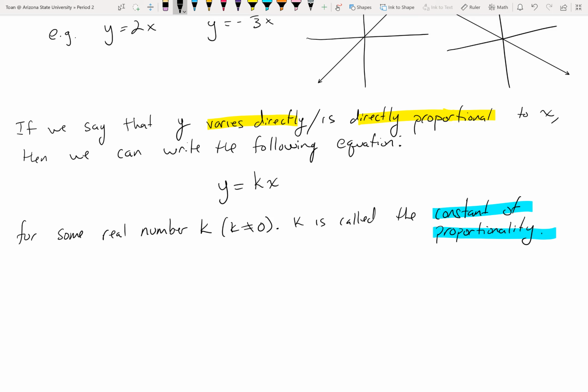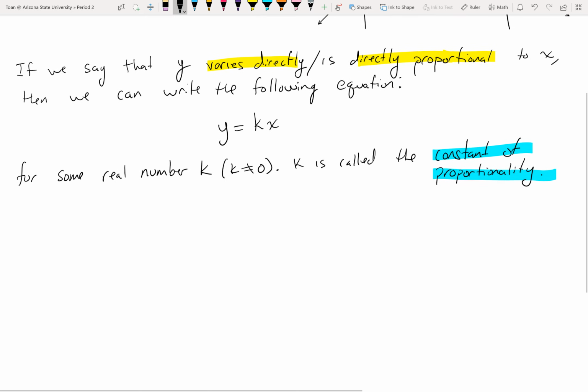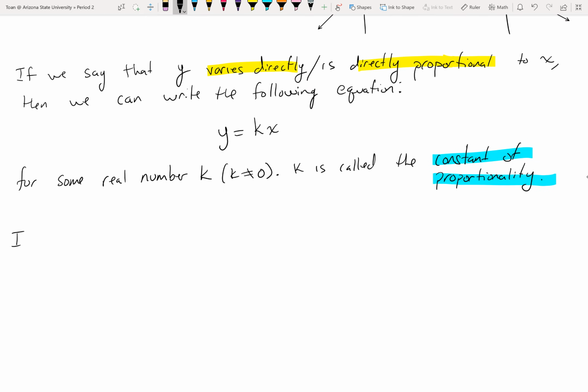They can vary directly. Another way that they can relate, if we say that y varies inversely, or another way we can say that is inversely proportional.